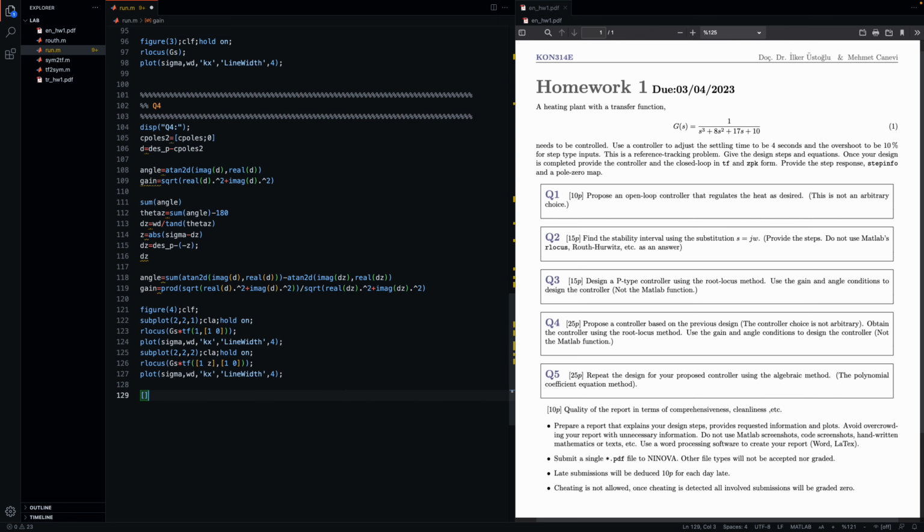And here I'm going to basically define the controller itself. Like this. And maybe also open up a grid on, title step response, or pzmap. It could be pzmap.